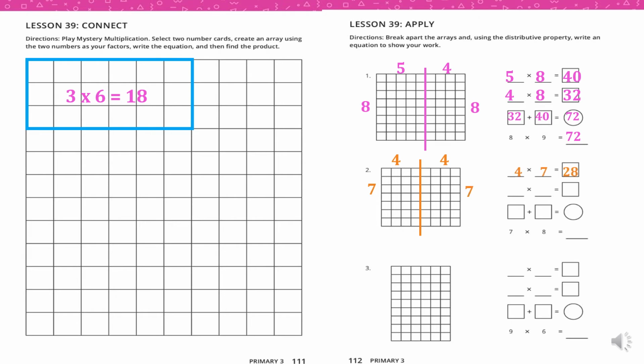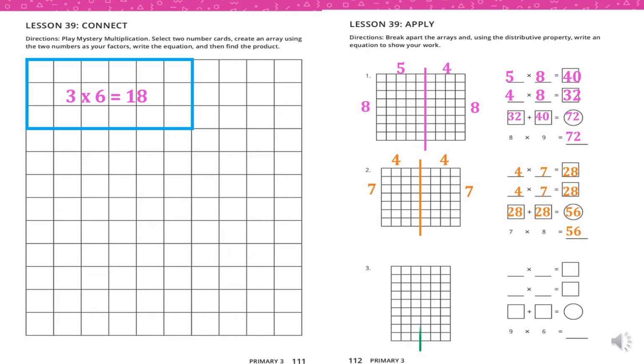So 4 times 7 equals 28 and 7 times 4 or 4 times 7 again 28 for the next array. I will add the products, 28 plus 28, 56. If I didn't split it, how many rows and how many columns? 7 rows and 4 plus 4, 8. So 7 times 8 equals 56, which is the same here.